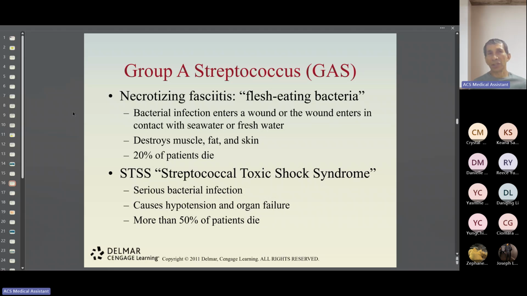This changes, this increases your blood pressure and damages your organs, like kidney failure. It says right there, more than 50% of the patients die. With necrotizing fasciitis, if it is detected on time, we have chances of survival of 80%.